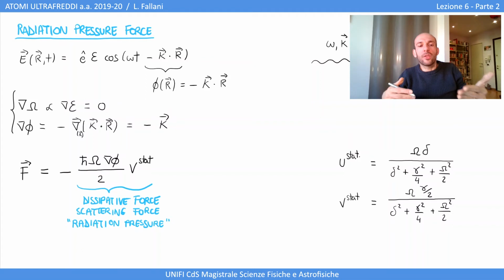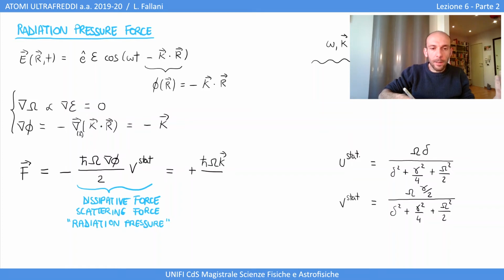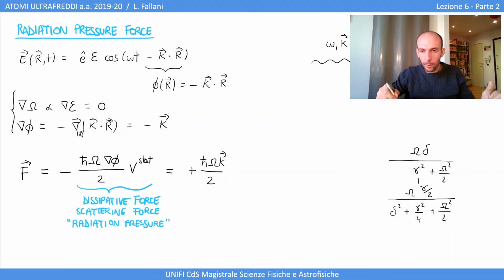So now let's write the dissipative force or radiation pressure force in its complete form as minus h bar omega. The gradient of the phase is minus k, so this will be plus k divided by 2 times the v component of the Bloch vector. And so we can use this expression.